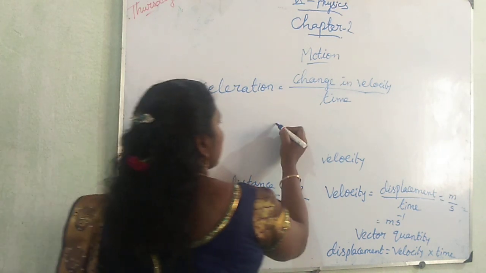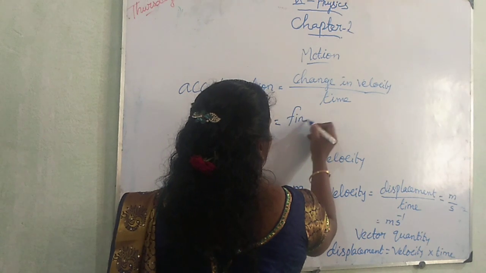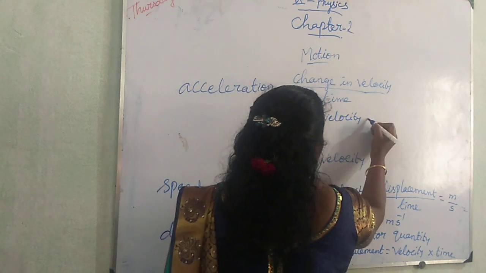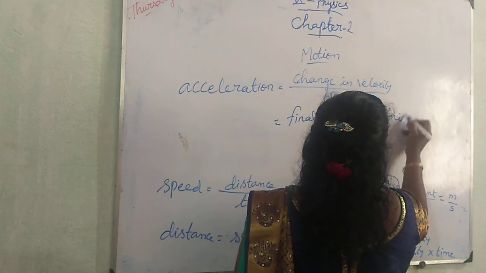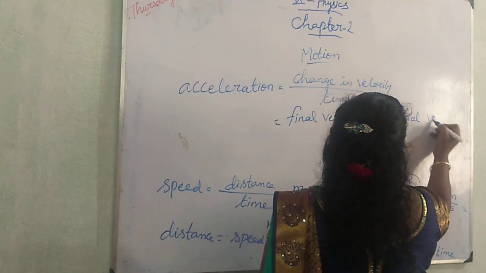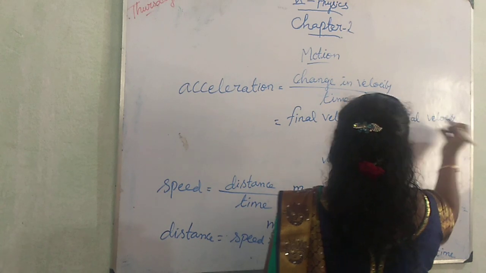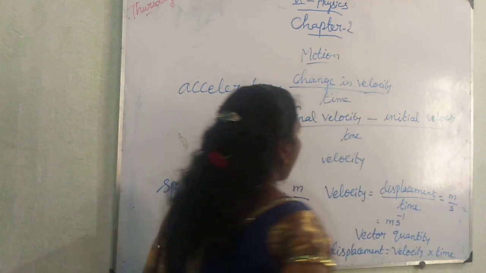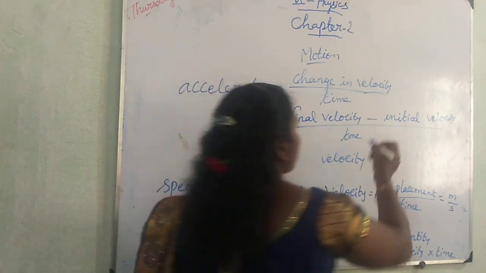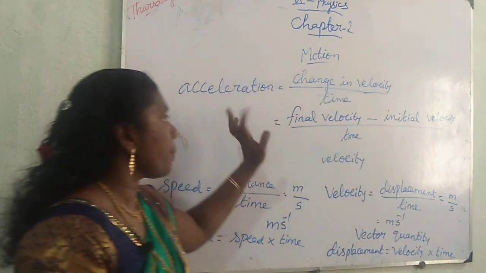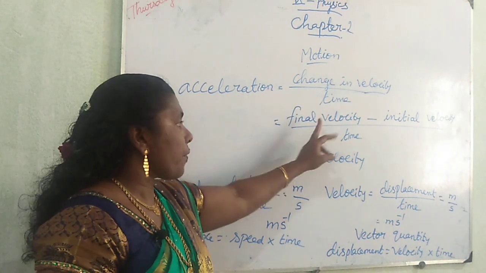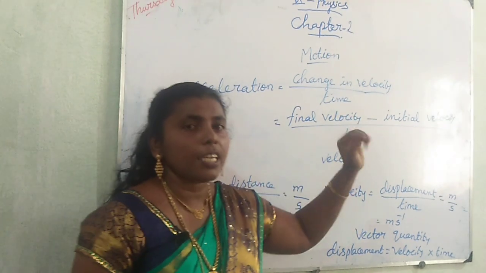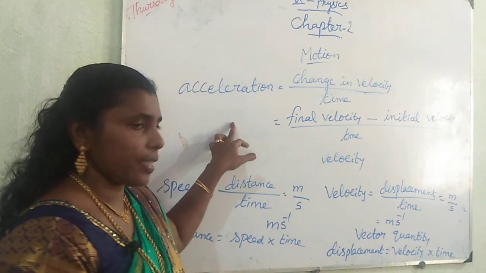Now in this change in velocity, we have to write final velocity minus initial velocity divided by time, that is acceleration.